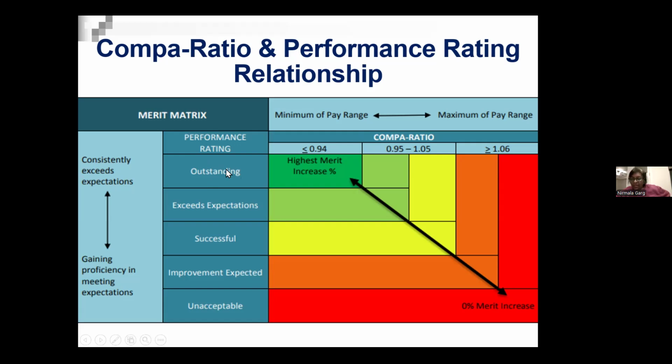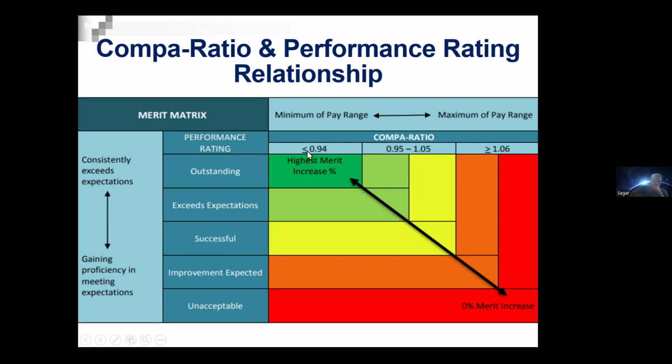Or if you want, you can make it as 5. If this is 1, this is 5. So two employees, say for example, Shweta and Neha, they have 5. But Shweta is here, more than or equal to a comp ratio of 1.06. But Neha is here, only less than 0.94. This is a comp ratio.